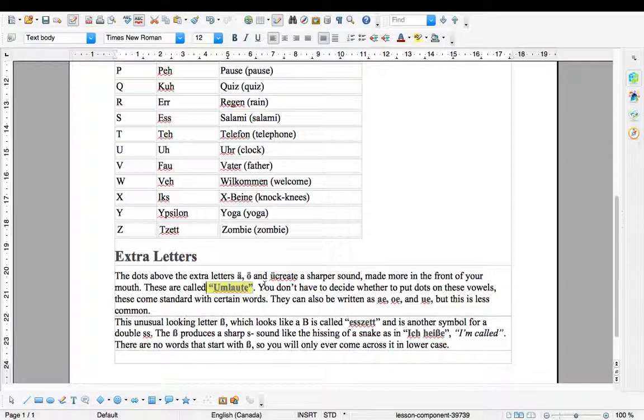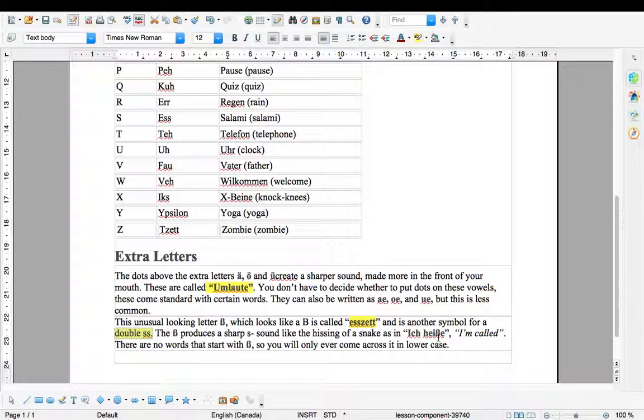In addition to this, we have this unusual looking letter. Looks like a beta. It's called SZ. Beta or SZ translates to double S. So we look at an example here.